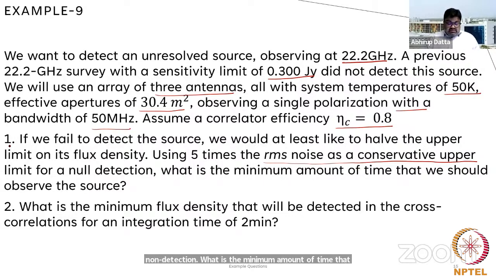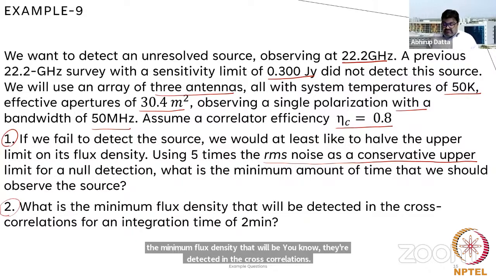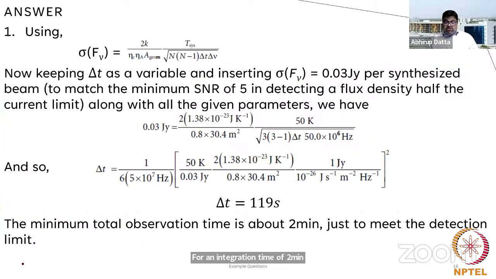That's question number 1. Question number 2 says, what is the minimum flux density that will be detected in the cross correlations for an integration time of 2 minutes? So this deals with something called sensitivity. We discussed a part of it. We didn't go deeper.